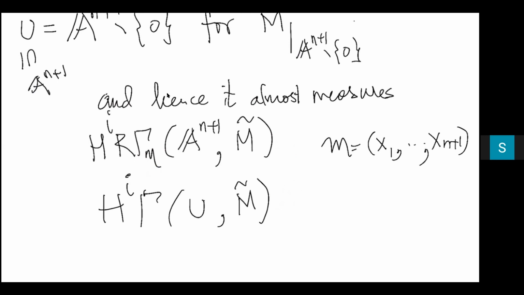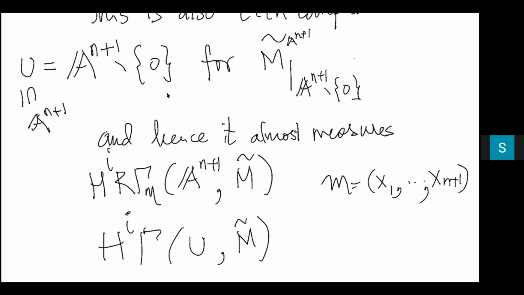When I write Gamma_m, I mean the Gamma of the point m in your affine scheme. That's the complement of U. That's just the origin in A^{n+1}, and that's the complement of U. And we saw that this cohomology is related to that cohomology, just a few slides above.